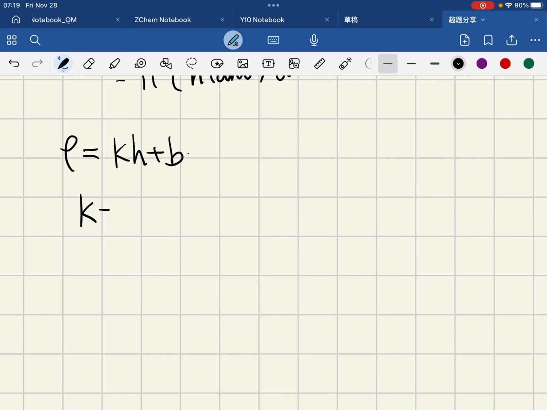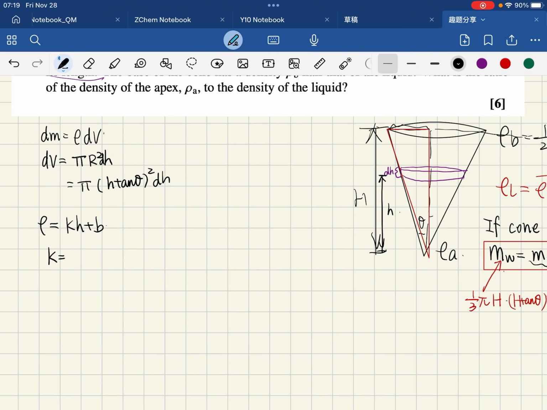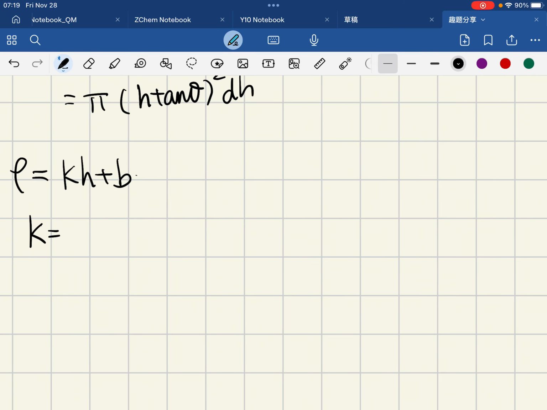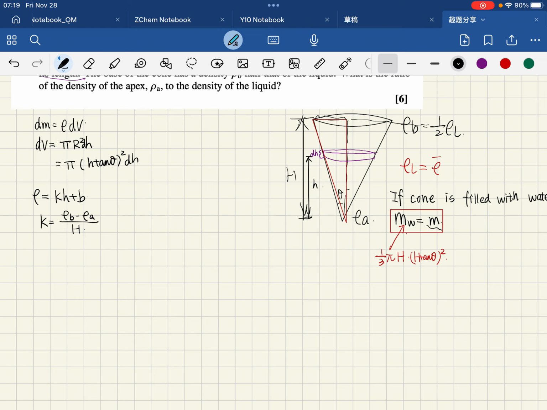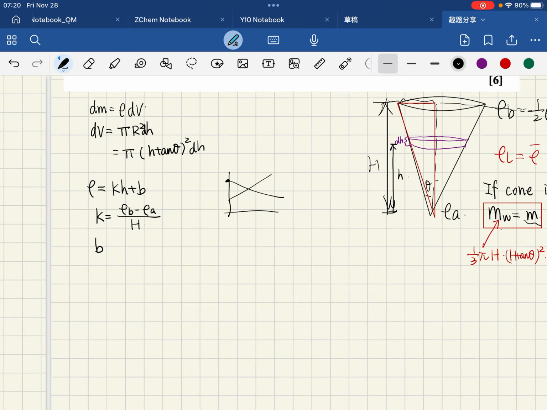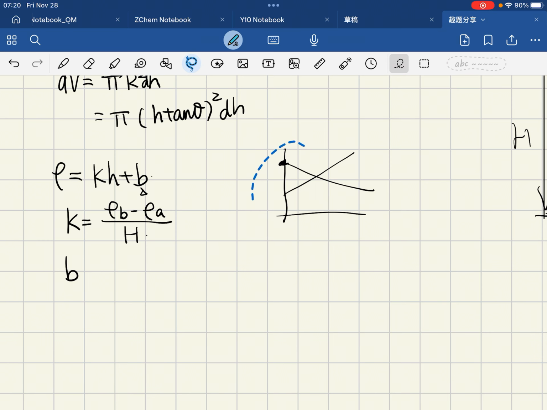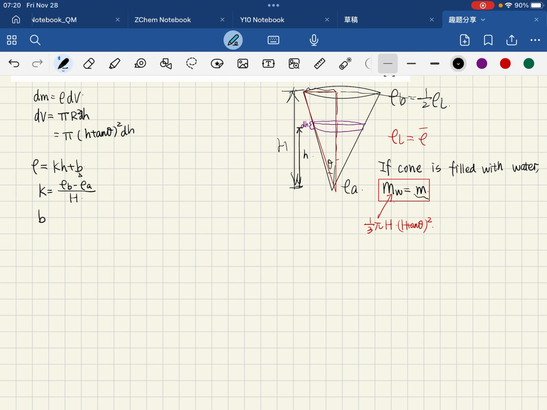What is K? The density varies from rho A to rho B over the distance of big H. So the gradient should be (rho B minus rho A) over big H. What is B? From the line, B should be the initial rho of this cone.